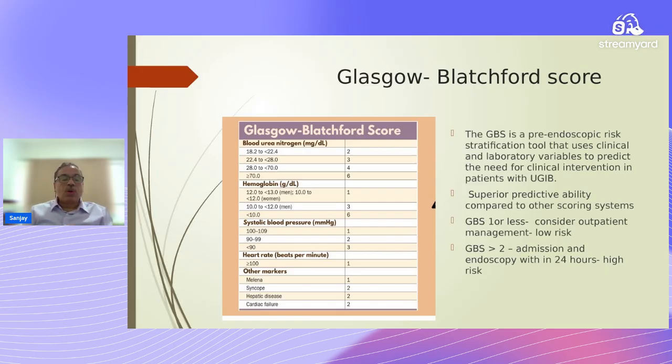Any Glasgow Blatchford score more than 2 requires admission and possibly endoscopic management within 24 hours. These would be considered as high risk cases who are likely to undergo complications, increasing morbidity, and maybe mortality. So, this is a very important scoring system, and this plays a very important role in risk stratification.